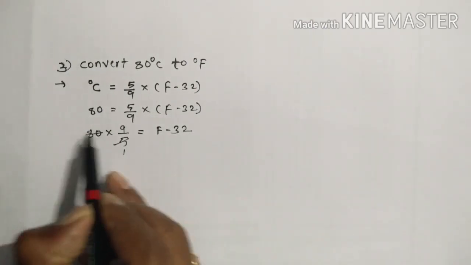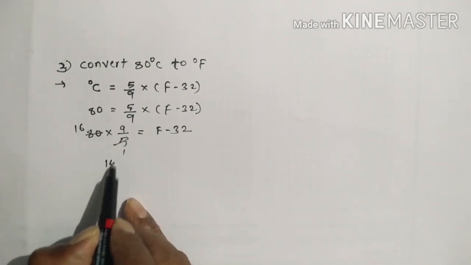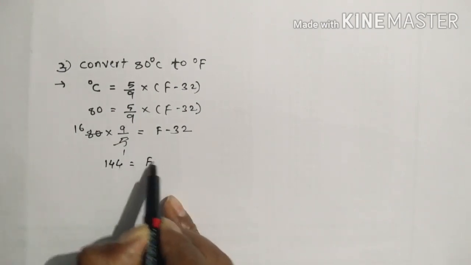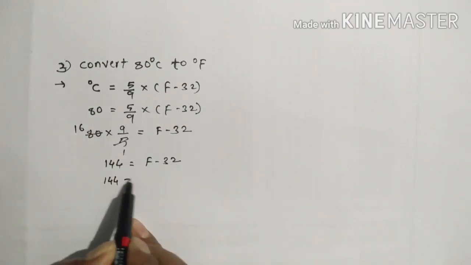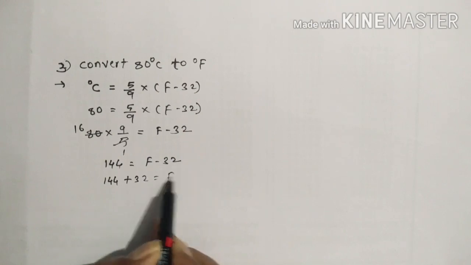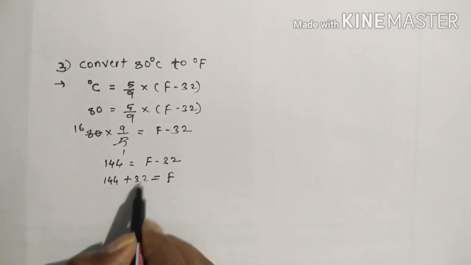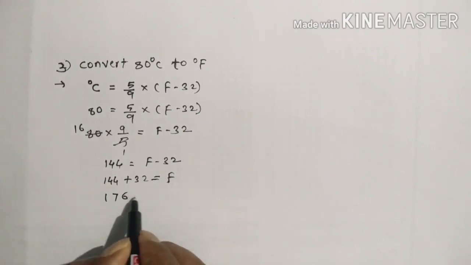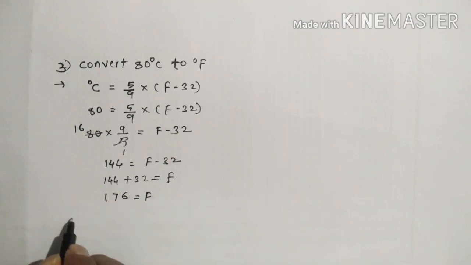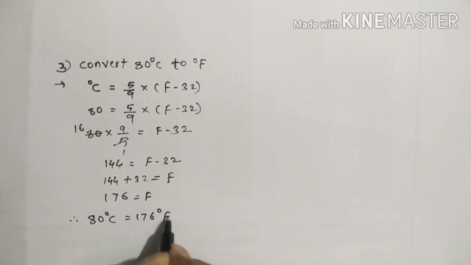5 ones are 5, 5 sixes are 30, 16 nines are 144, is equal to F minus 32. 144 plus 32 is equal to F. 4 plus 2 is 6, 4 plus 3 is 7, and it is 1, is equal to F. Means we can say that 80 degree Celsius is equal to 176 degree Fahrenheit.